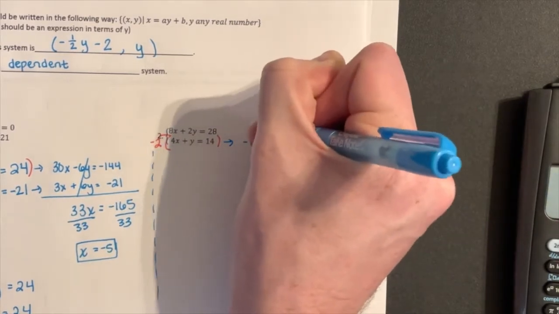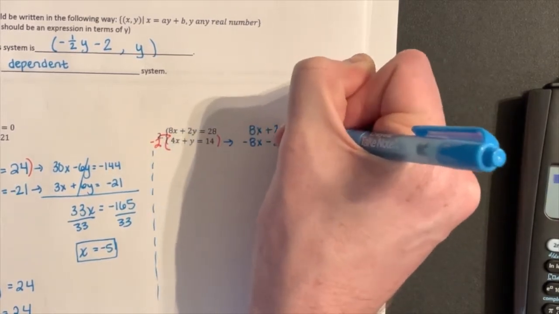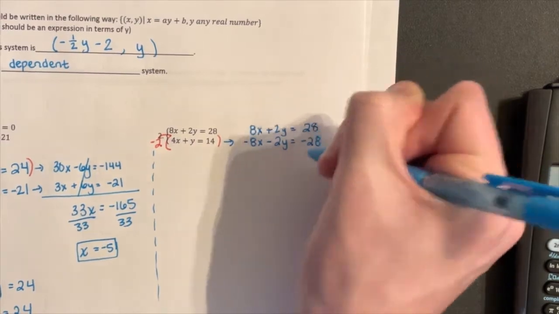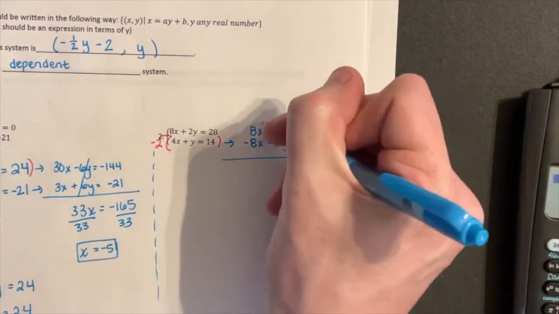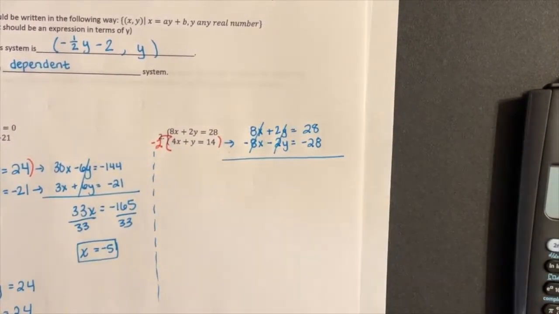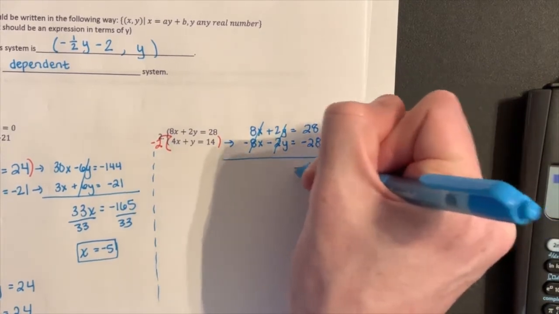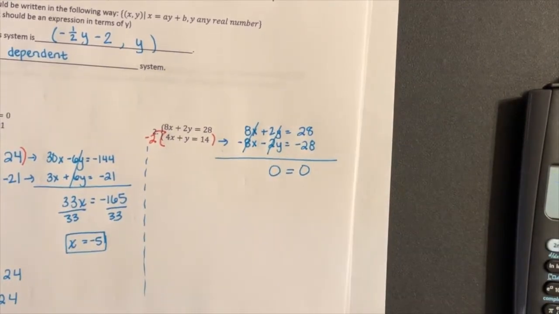The top one we don't need to multiply at all. When you add straight down, we see that the x's cancel out, the y's cancel out, and really the last ones also cancel out. So we do get 0 equal to 0. So this is automatically one of those dependent systems.